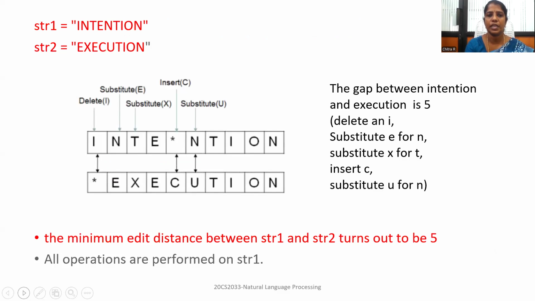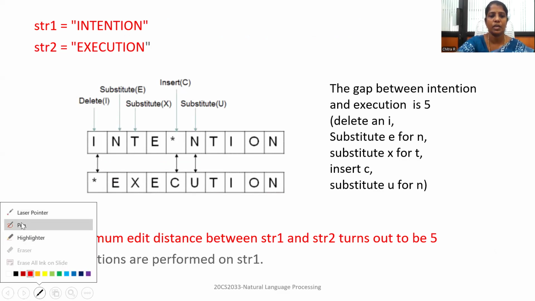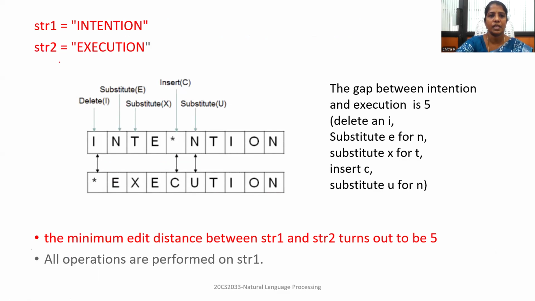Consider these two words, intention and execution. Before finding the minimum distance between them, first we should take care of the alignment. If there are common substrings, then we should align the strings based on the common substrings. Here in intention and execution, TION is common. Similarly, E is also common. So we should align the strings based on that.